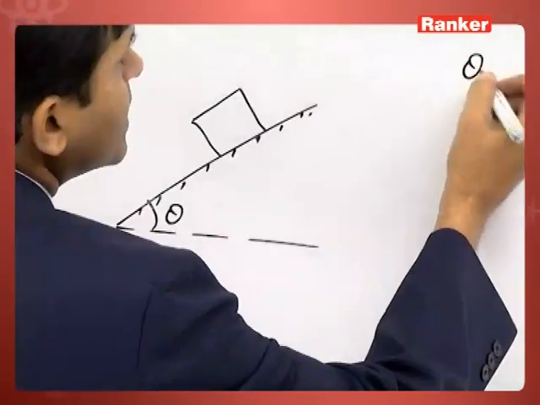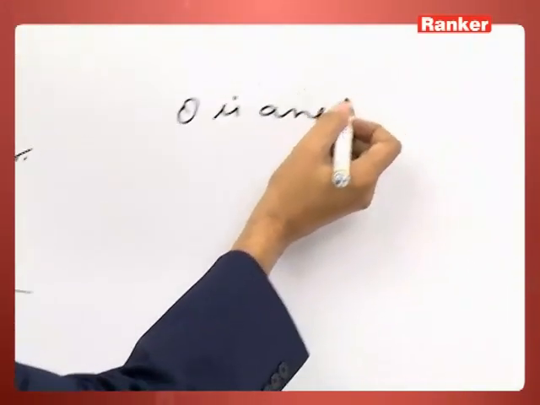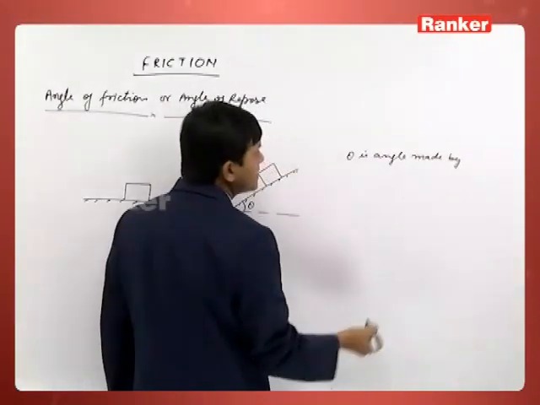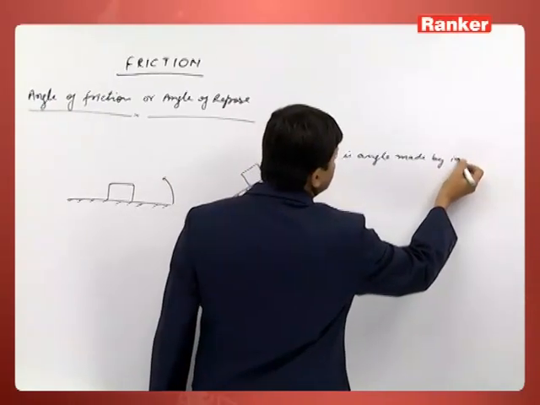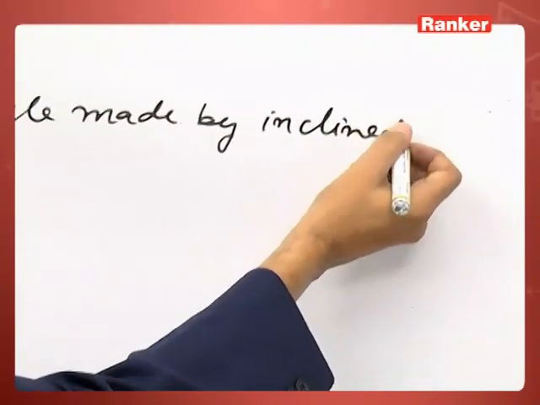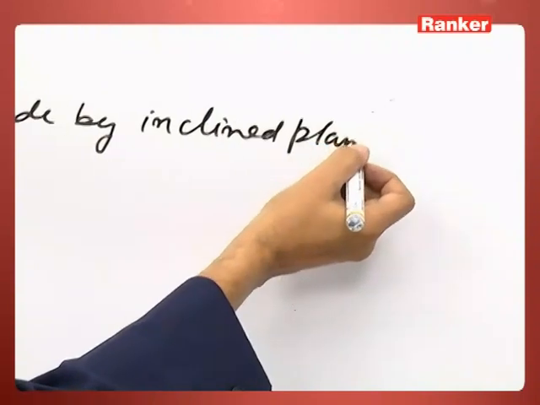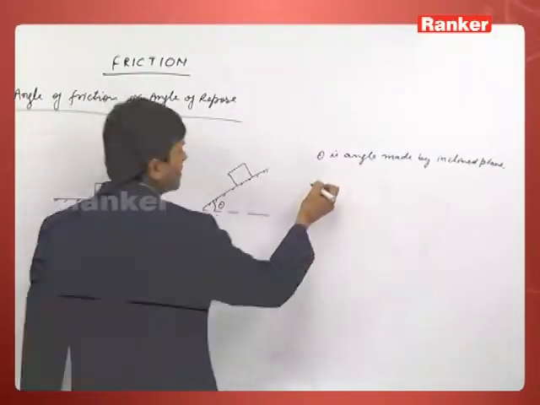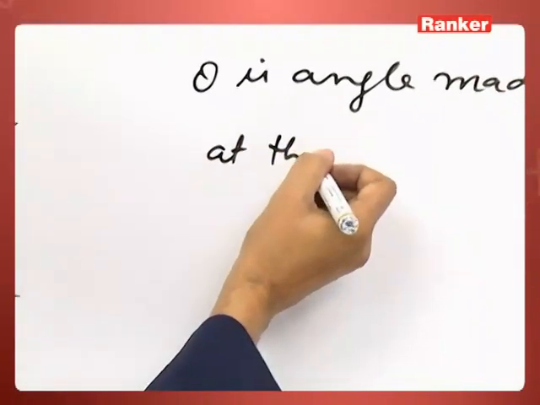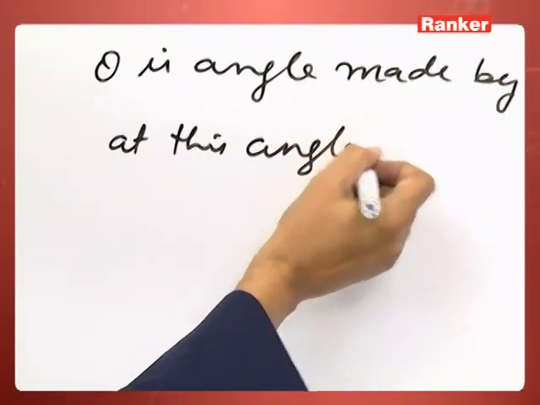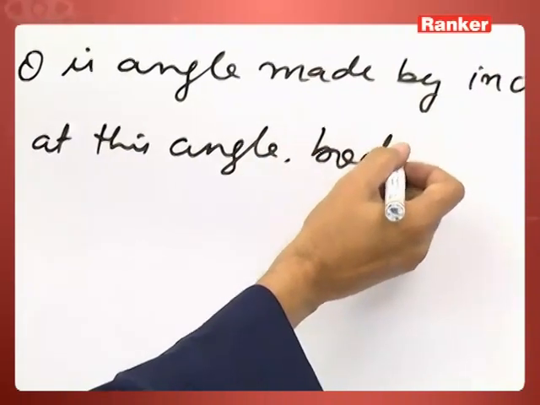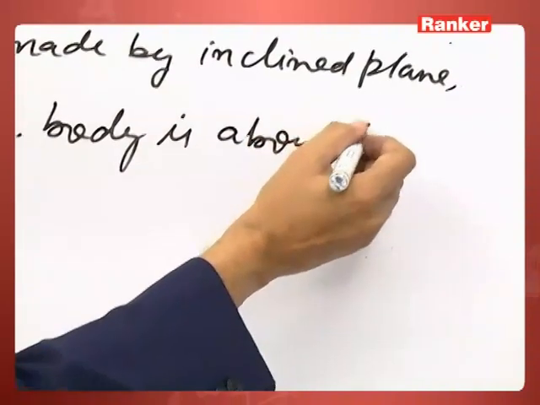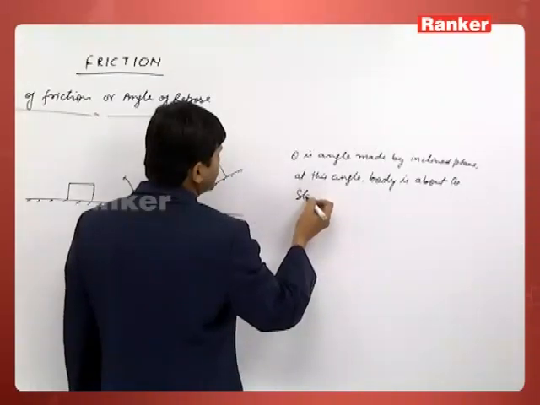So theta is the angle made by the inclined plane, and at this angle the body is about to start.